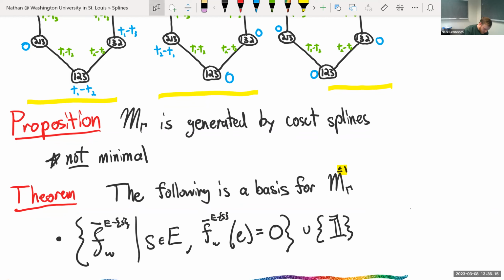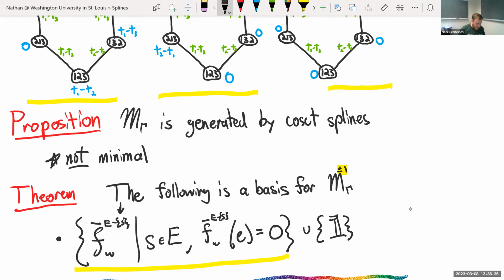So theorem: the following is a basis for the first graded piece. This is all of the linear coset splines. So we're subtracting off a single edge up here from our edge set, which means our product is going to have one element in it.